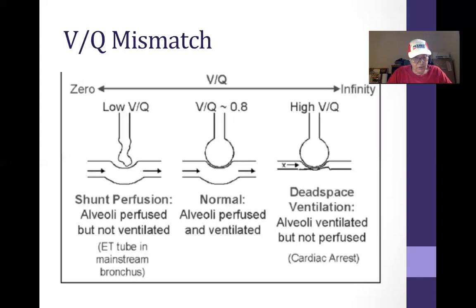All right, so a VQ mismatch is really not that hard, and mostly I'm introducing it to you right now. What you need is a balance between enough air in the air sacs and enough blood going by so that you have good exchange of gases.